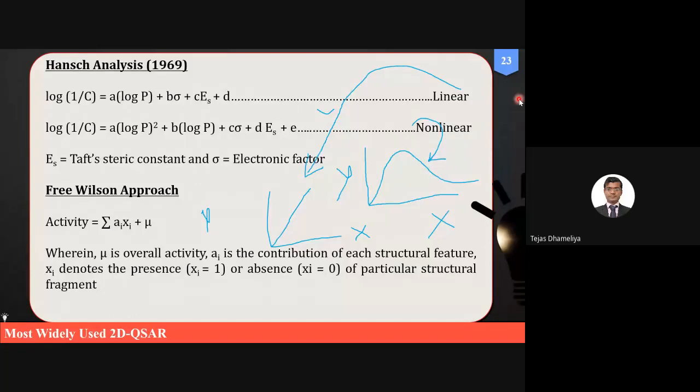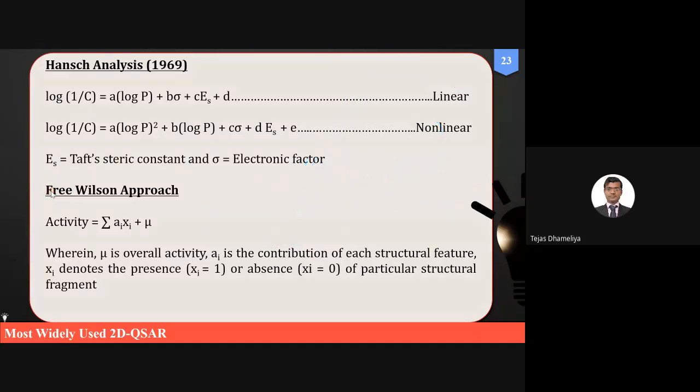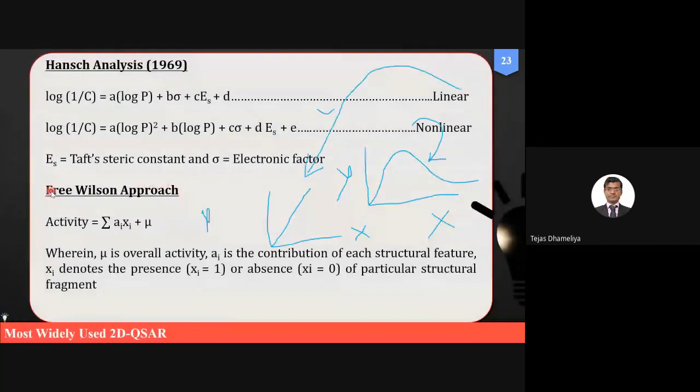One is called the linear model, the other is called the non-linear model. Then the Free-Wilson approach. Whatever limitations were there in Hansch analysis, the same limitations have been covered by the Free-Wilson approach. Free and Wilson considered not only one parameter but n number of parameters. We will learn both of these models in our coming classes.